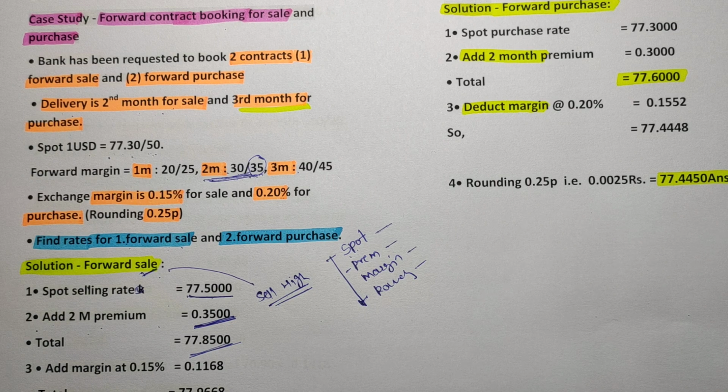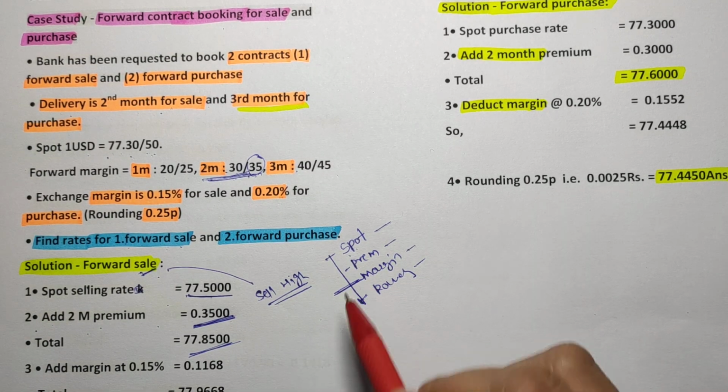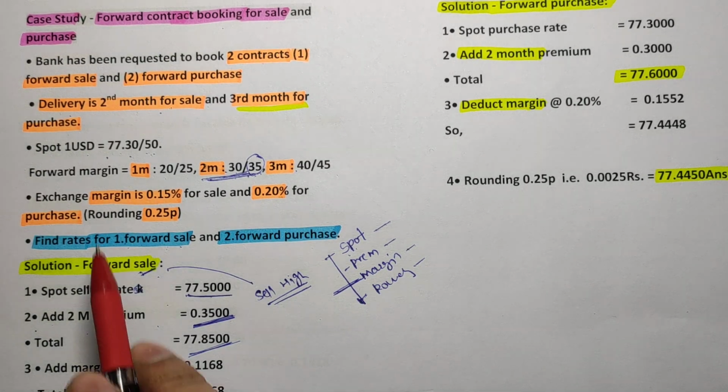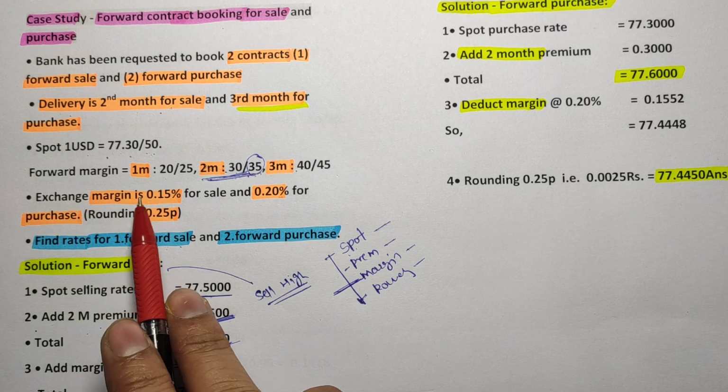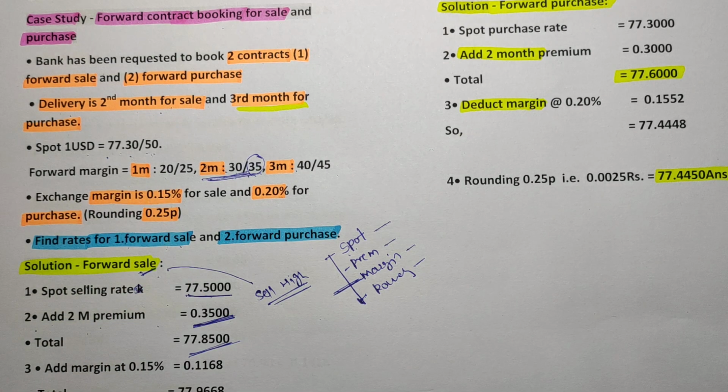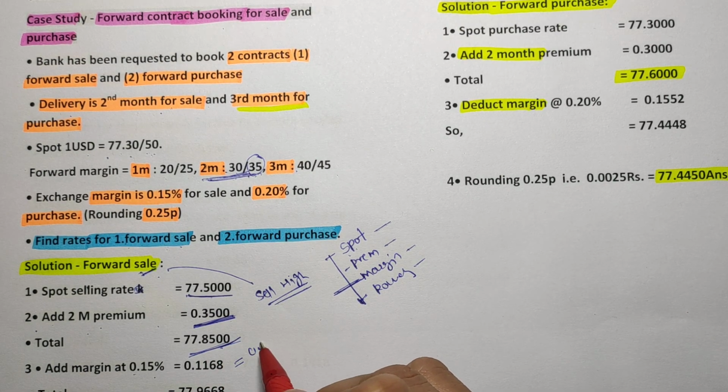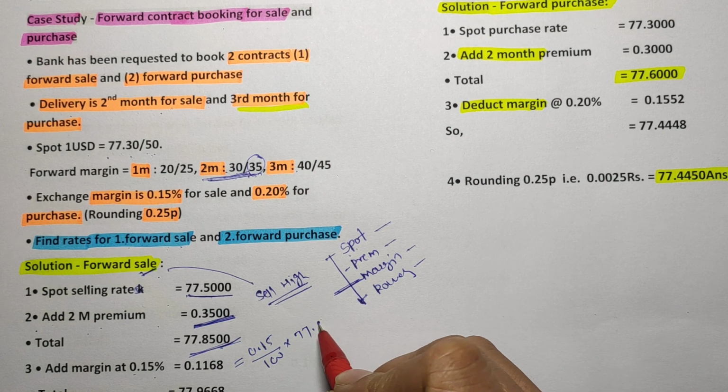Our next step, third step, is adjustment of the margin. So what margin have they given for the sale? For sale the margin is 0.15%. So here just calculate 0.15% of this value. How to calculate? Just 0.15 divided by 100 multiplied by 77.85.